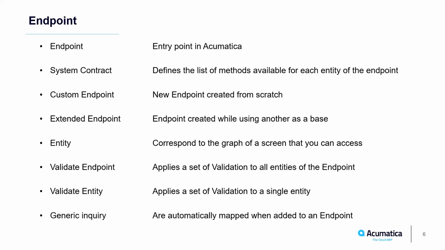Now we'll switch from the endpoint itself to what's inside of the endpoint. Inside of the endpoint, we have what we call entities, which are the nodes or data points inside of the endpoint that correspond to a graph of a screen that we can access.